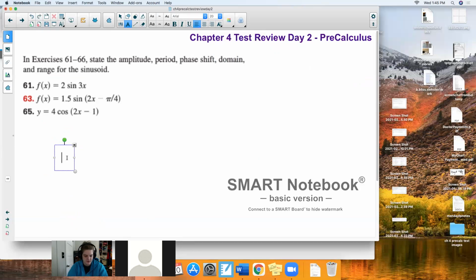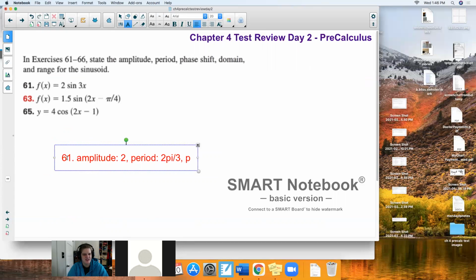All right, so for number 61, we've got 2 sine of 3x. Okay, so we need amplitude. Amplitude is 2. It used to be 1, but now it's 2, so it's apparently vertically stretched. Its period used to be 2 pi, but now it's 2 pi over 3. So we'll just write that, 2/3 pi.